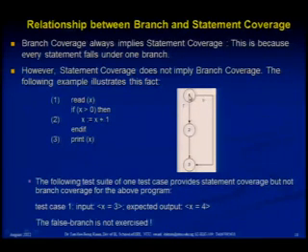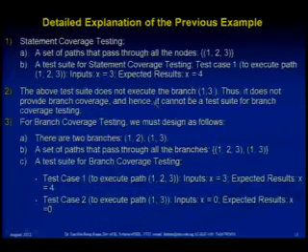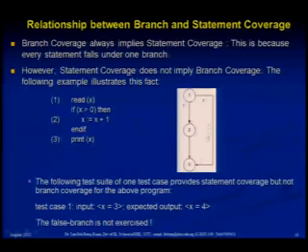This particular test suite only exercises 1, 2, 3. It only exercises the first branch. It does not exercise the second branch, 1, 3. So this test suite for statement coverage testing is not good enough for branch coverage testing. Branch coverage testing is a stronger condition.